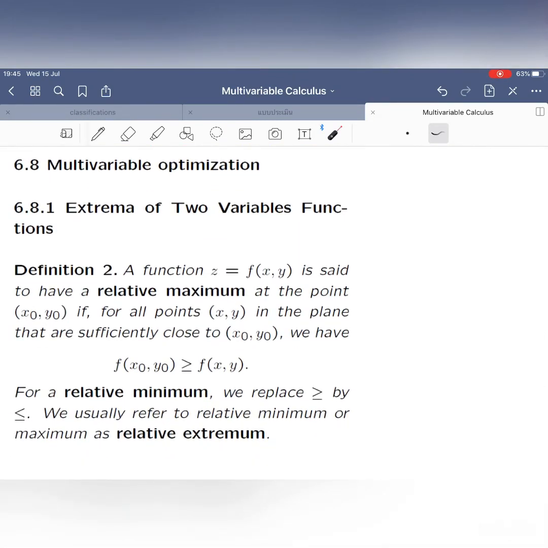This is the definition of the local maximum.